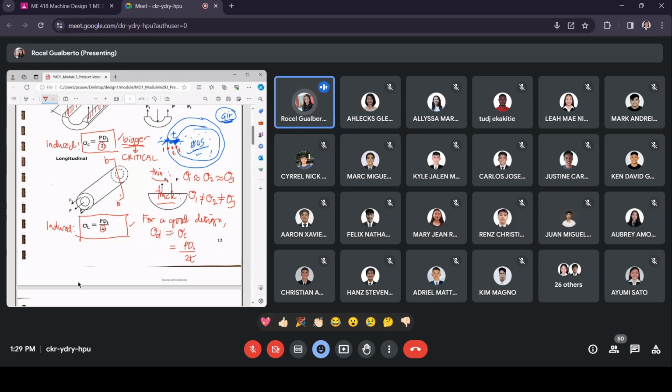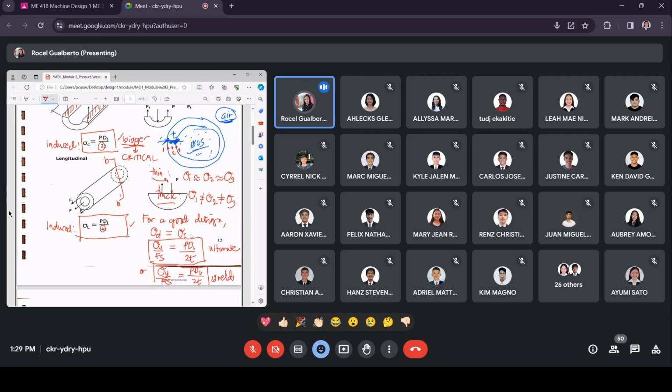And the design stress can be sigma U over factor of safety, or sigma Y over factor of safety, equal to PD over 2T. So you have here the two equations: one if your design is based on the ultimate, and one if based on yield. That is how you design a thin-walled cylinder.